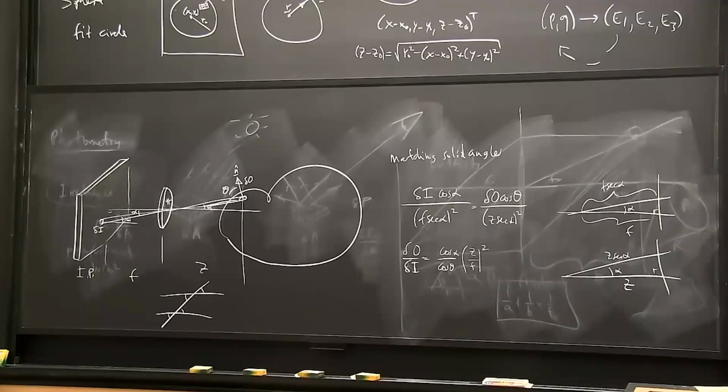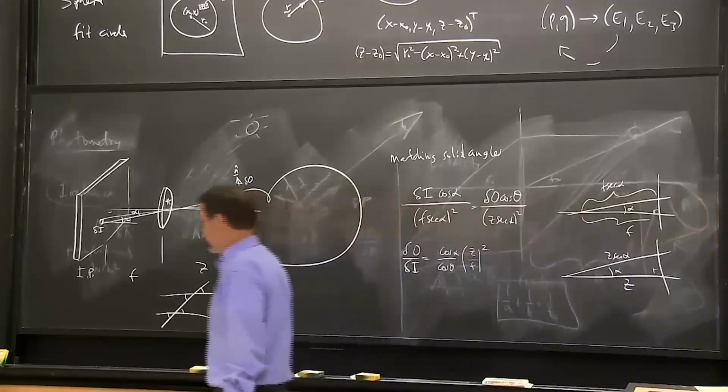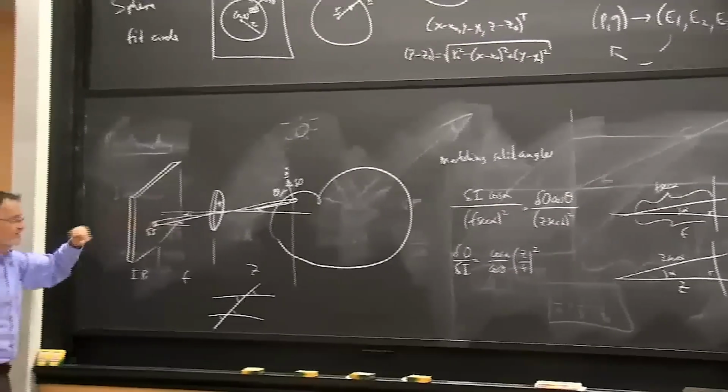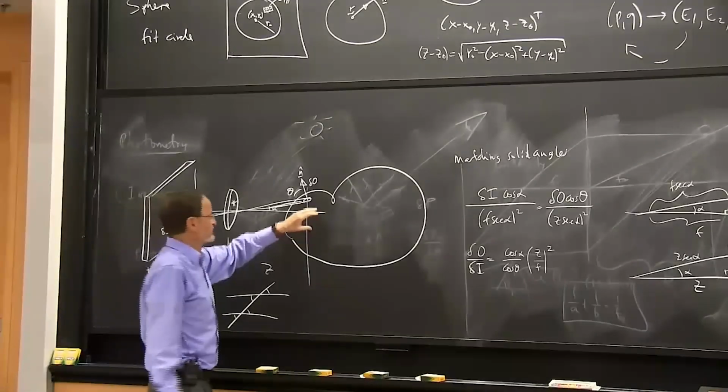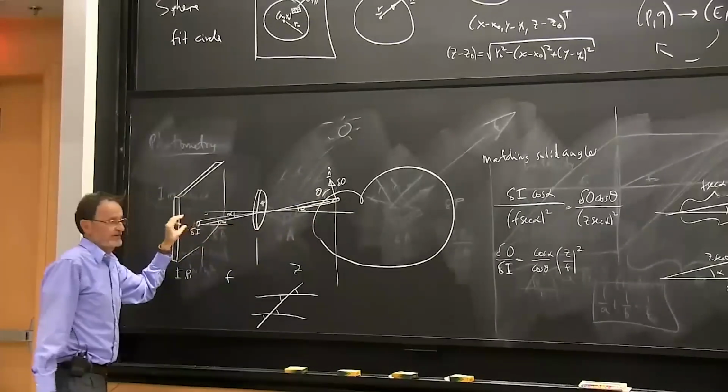That's important because the total energy coming off that patch depends on how big it is, and then that energy gets concentrated into that smaller patch in the image, and so the irradiance in the image is going to be whatever power ends up here divided by this area, delta I. And so we'll be able to relate the radiance over there to the irradiance over here.